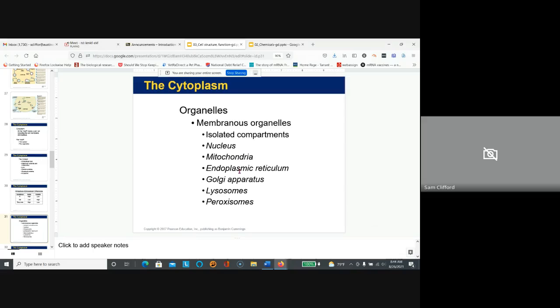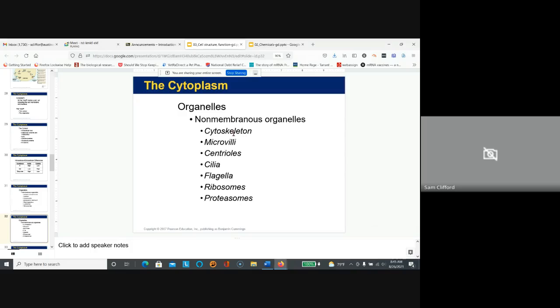Endoplasmic reticulum is a network of tubes and channels where proteins are transmitted to the Golgi apparatus, which is additional tubes that make vesicles, lysosomes, and peroxisomes that release enzymes to help digest, for instance, a bacteria that a white blood cell has consumed.